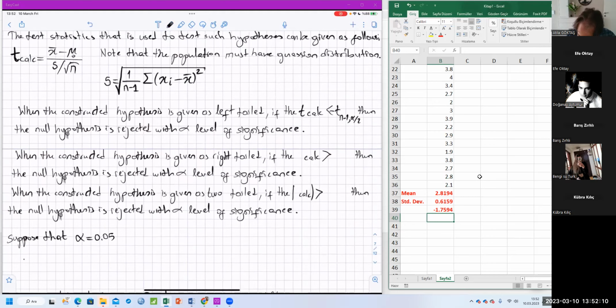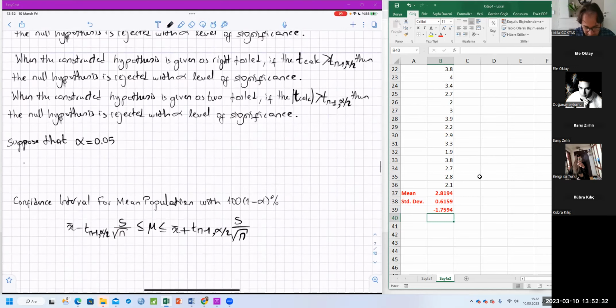And if the calculated statistic T is greater than t n minus 1, alpha divided by 2, then the null hypothesis is rejected. And if the absolute value of the calculated statistic is greater than t n minus 1, alpha divided by 2, then the null hypothesis is rejected.